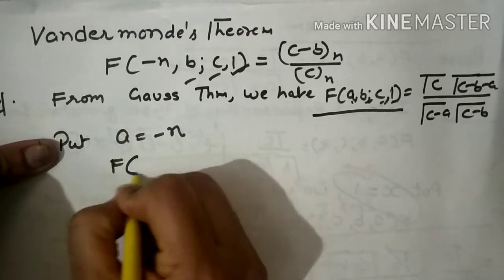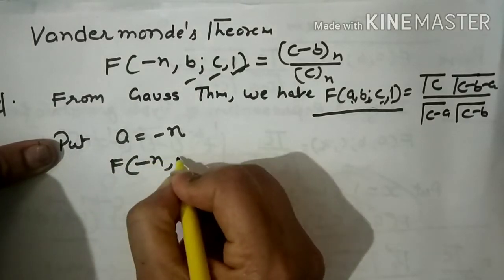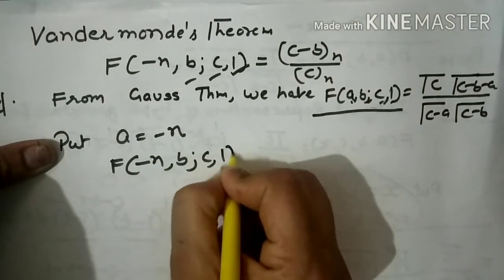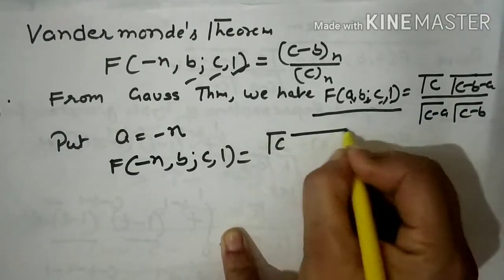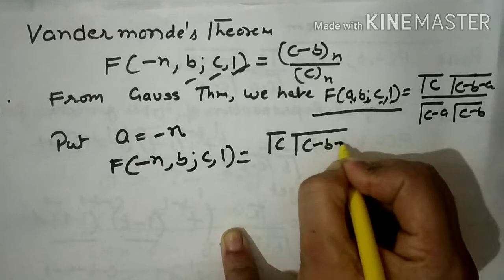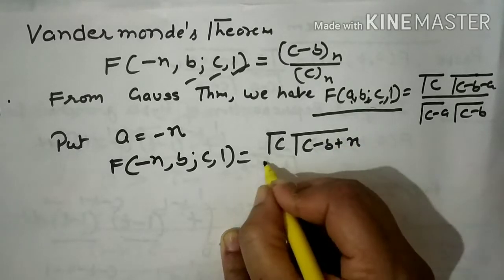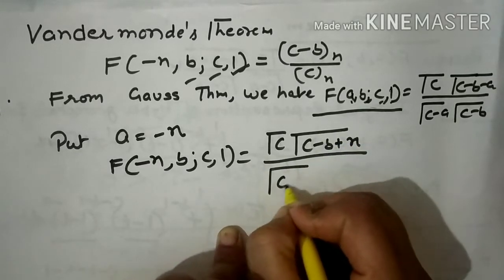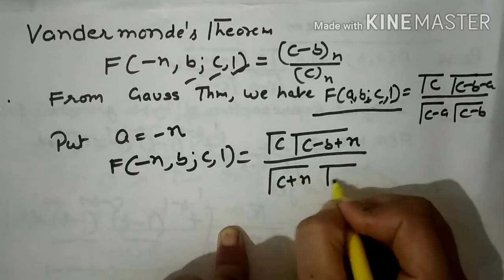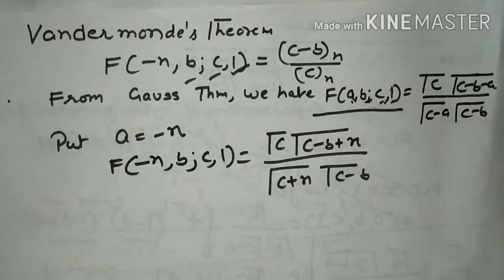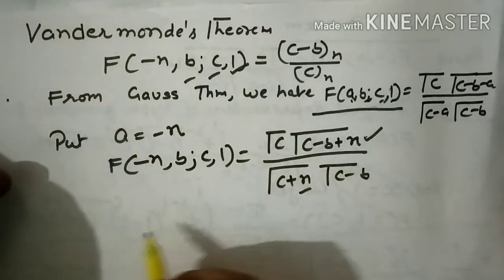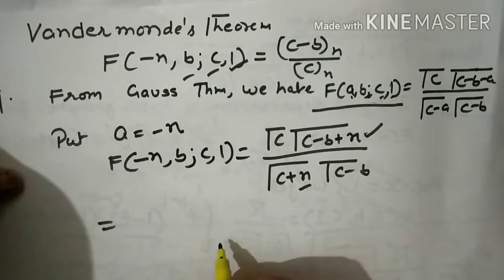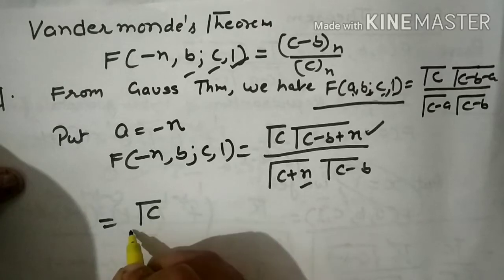So we will get F(minus n, b; c; 1) equal to, if you put minus n here in place of a, it will be plus here, and similarly gamma of c plus n, gamma of c minus b. So these two terms which contain n, we have to expand; the rest we will keep the same.